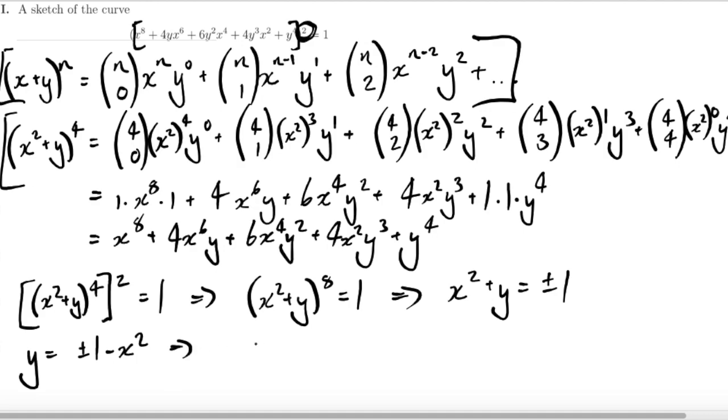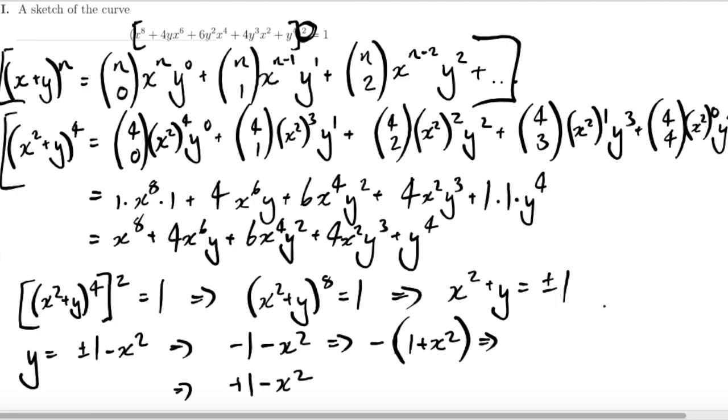This will give solutions y equals minus 1 minus x squared, and also y equals plus 1 minus x squared. This one we can just factor out the minus 1 to get minus 1 plus x squared, which will actually have no solutions.